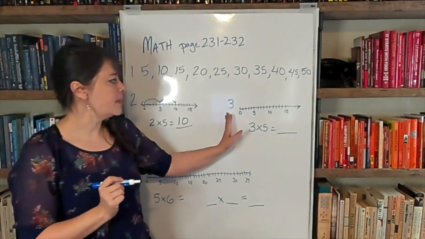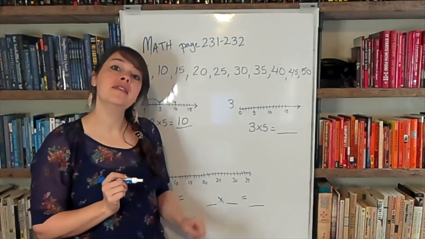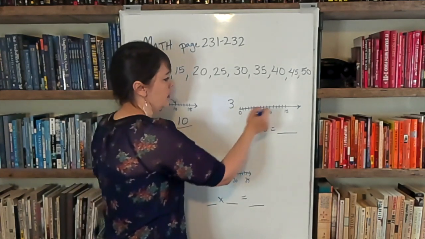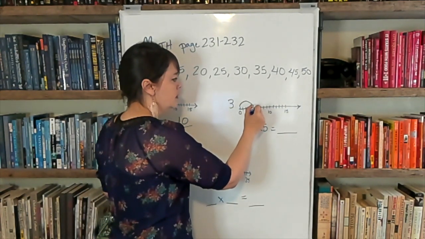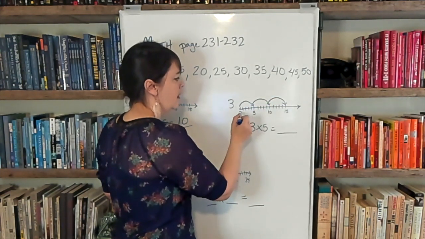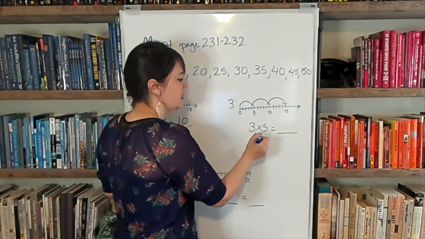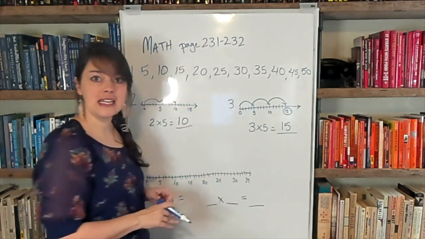Okay, we'll do the same over here. Number 3 asks us to solve 3 times 5 and also to show those jumps of 5 on the number line. So we go 1 jump to 5, 2 jumps, and 3. 5, 10, 15. 3 times 5 equals 15.